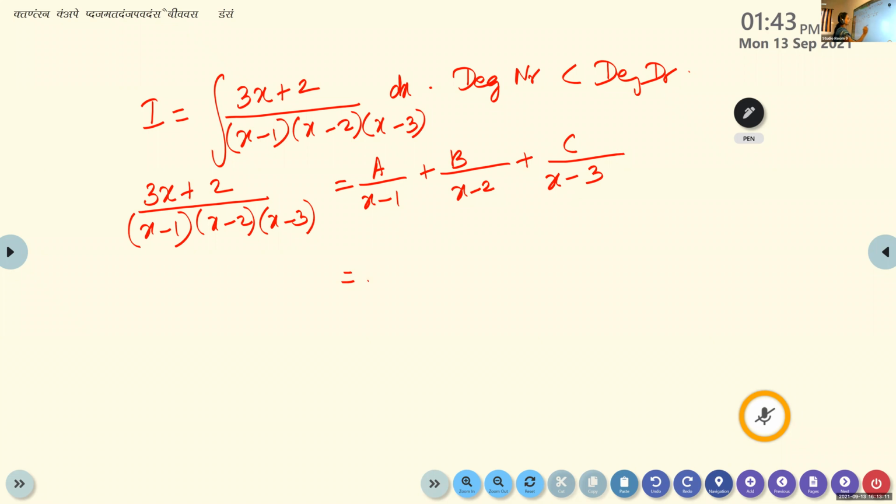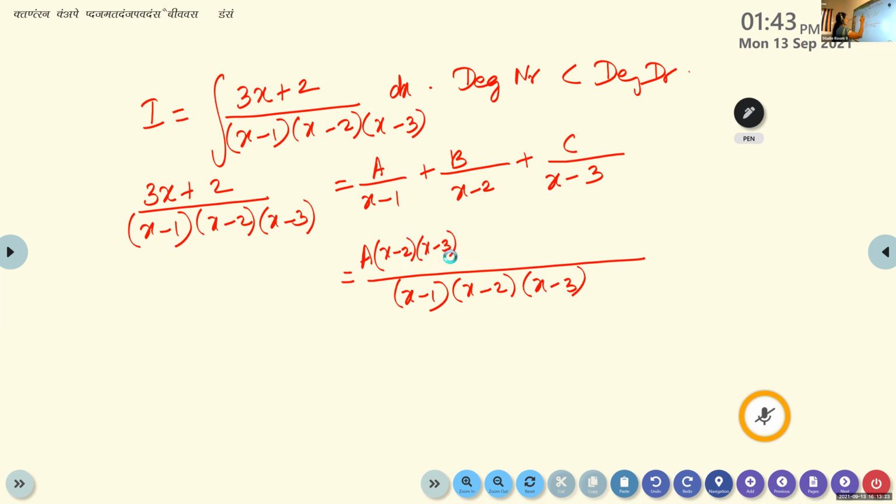Now here you take the LCM. When you take the LCM, what you will get? (x minus 1)(x minus 2)(x minus 3). With A, we will multiply (x minus 2)(x minus 3), the factors that are not there. With B, we will multiply (x minus 1)(x minus 3), plus C into (x minus 1)(x minus 2).